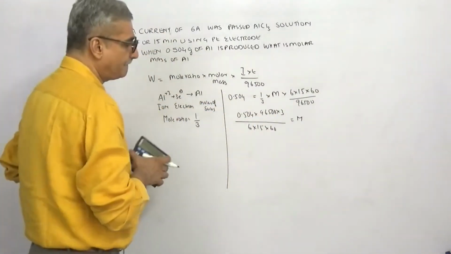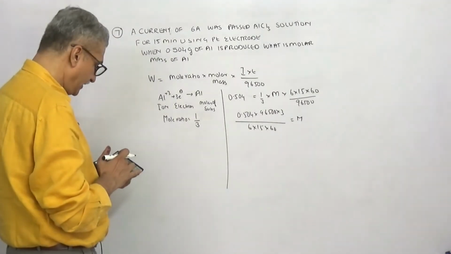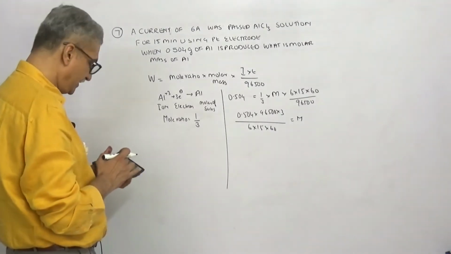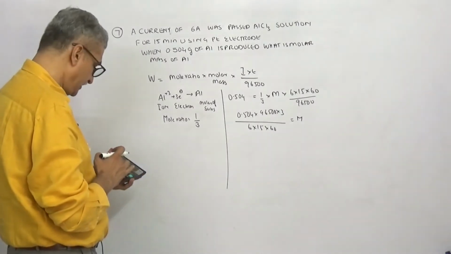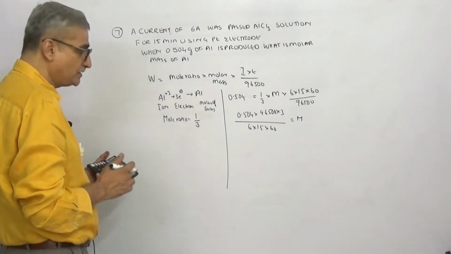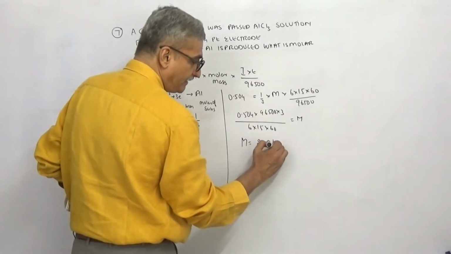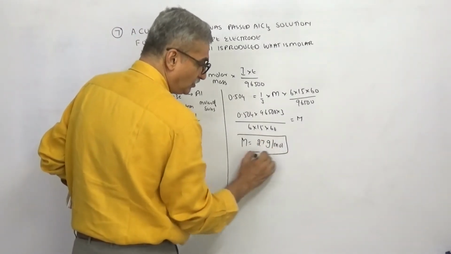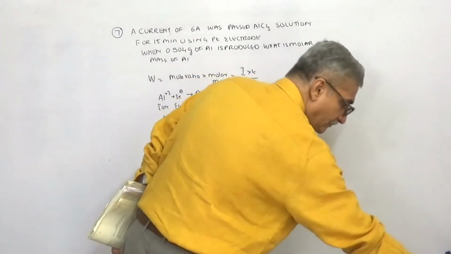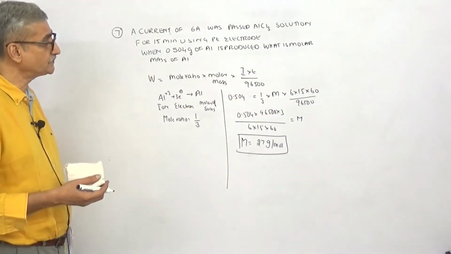So we have 0.504 into 96,500 into 3 divided by 6 divided by 15 divided by 60. So absolutely right, the molar mass is 27 gram per mole. Don't just write 27, write the units. Okay, you can have a look at it. If you're copying it, it's good.